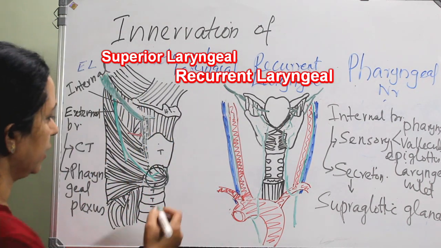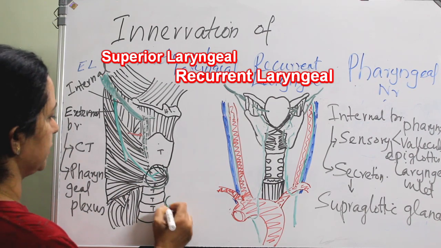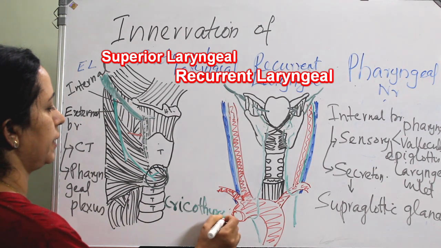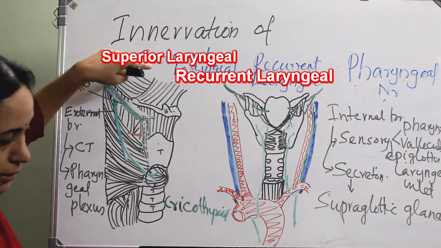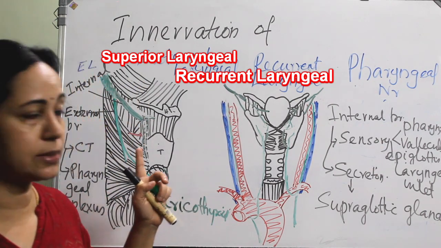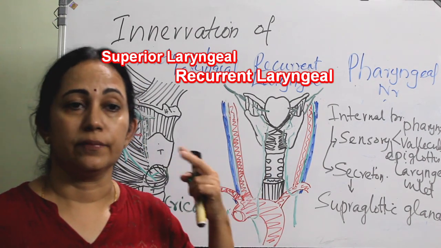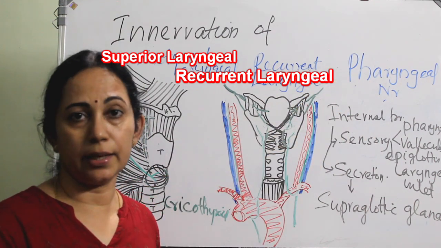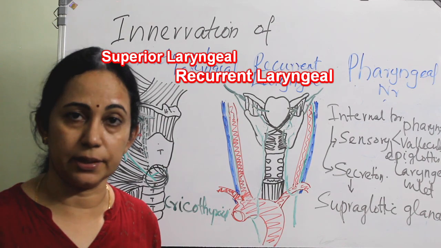Okay, so cricothyroid muscle, that is important. You have to remember that it is the only muscle supplied by this external laryngeal nerve. Okay, that is cricothyroid muscle, and it also supplies branches to pharyngeal plexus, which is from pharyngeal nerve, that I will tell along with the description of pharyngeal nerve.